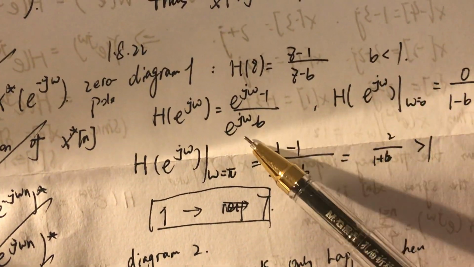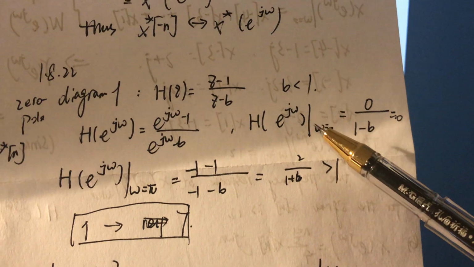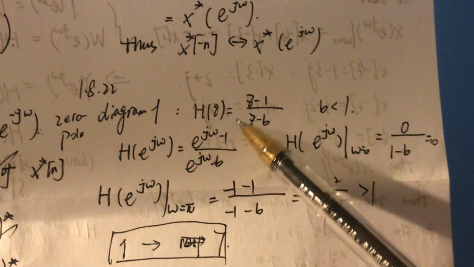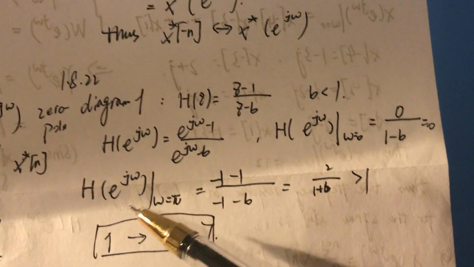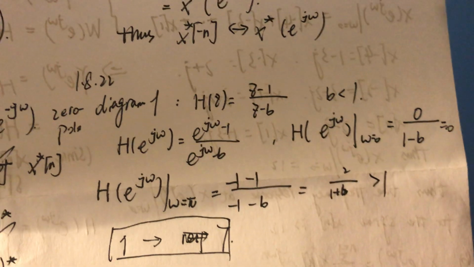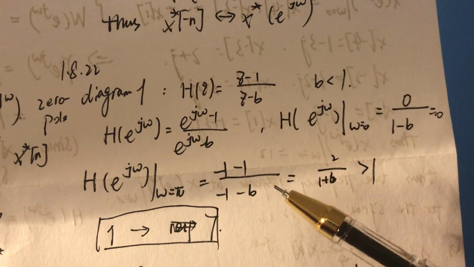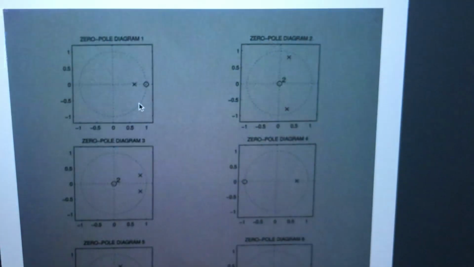So b less than 1, so apply e to j omega to z, we could get this one. When omega equal to 0, this part will equal to 0, so the whole part will equal to 0. When omega equal to pi, this part will equal to minus 1. Since b is less than 1, the whole part will be bigger than 1.